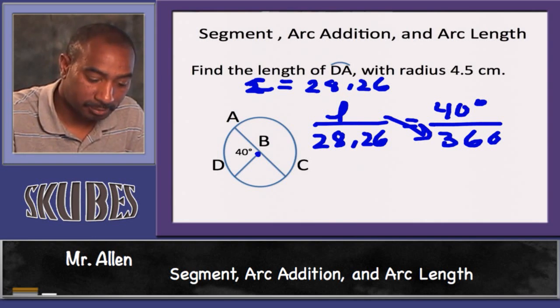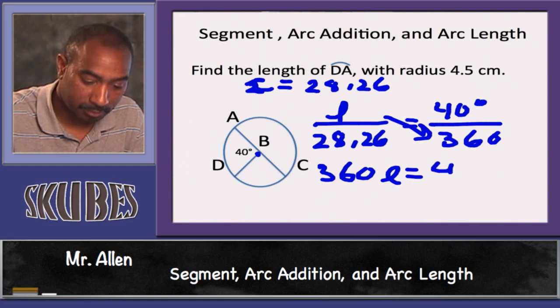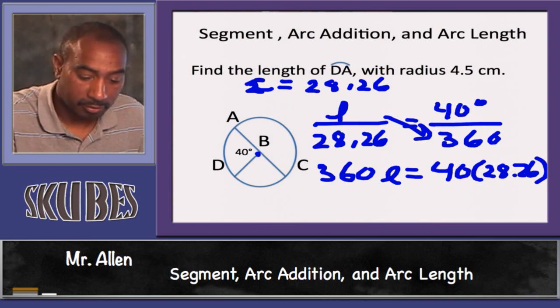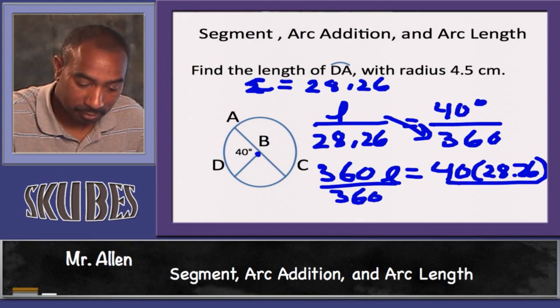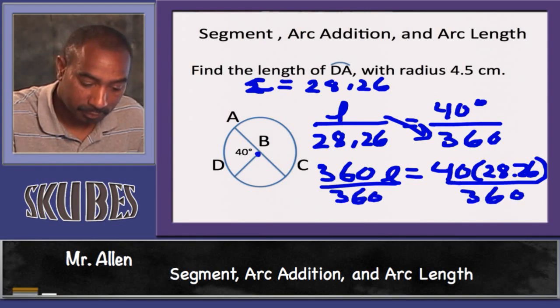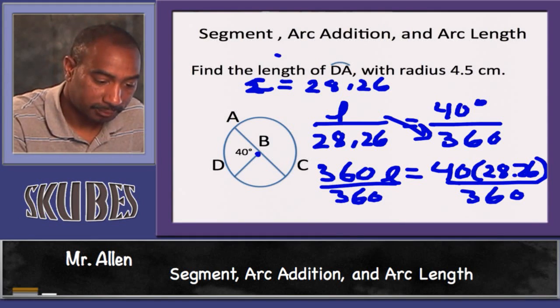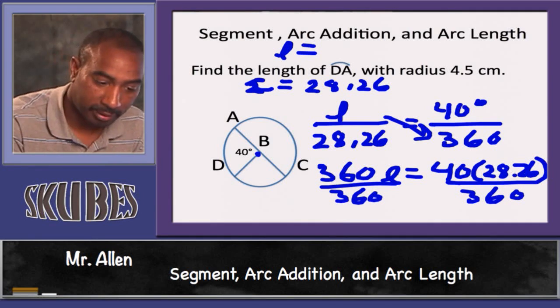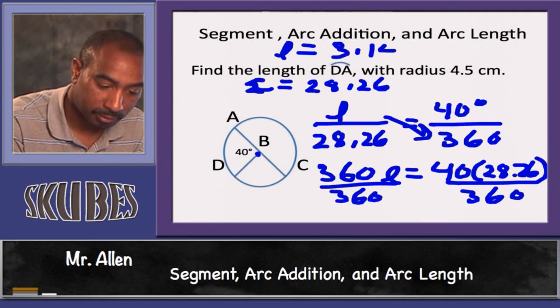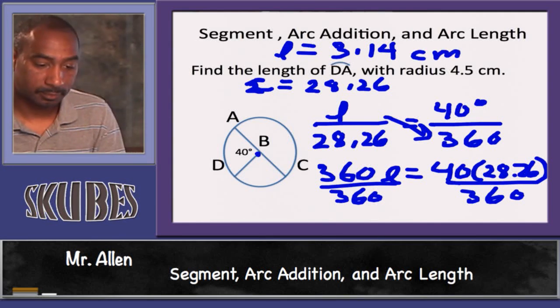So that's 360 times L equals 40 times 28.26. And you're going to divide both sides by 360. So you should get L. When you do that, it's going to equal roughly about 3.14. Remember, this is in centimeters.